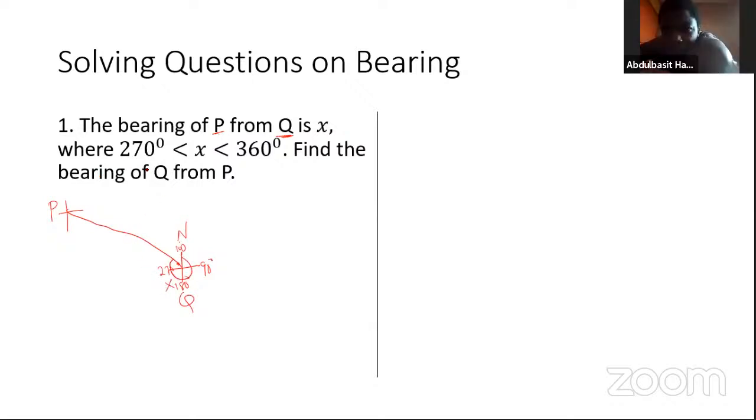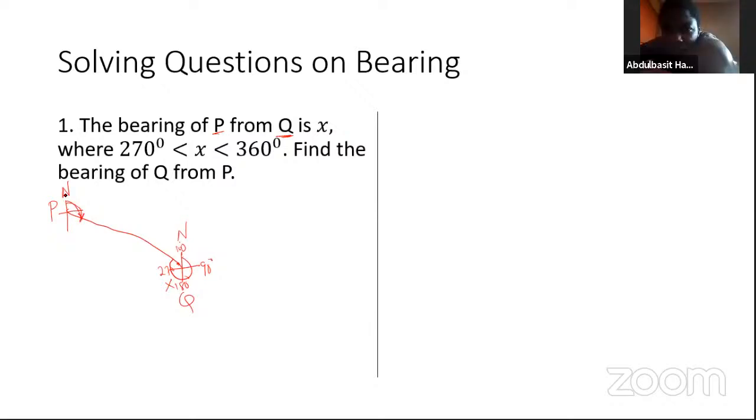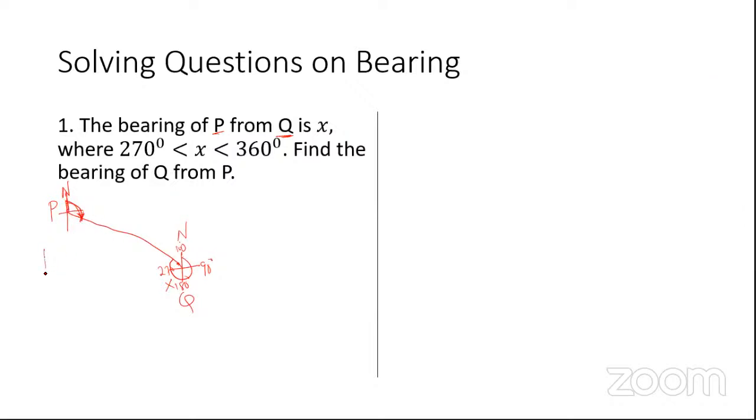Then what is, find the bearing of Q from P? It means you come to P. You measure from the north of P, and you measure in a clockwise manner up to the line that is coming to Q. That's what they want us to find. From our Z angle, the angle here must be the same as the angle here.